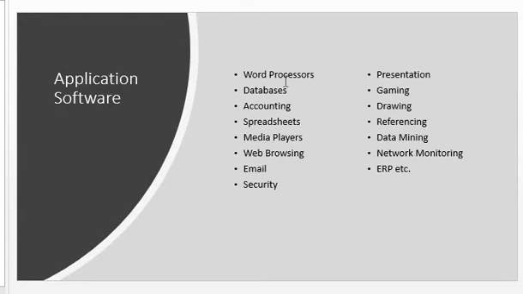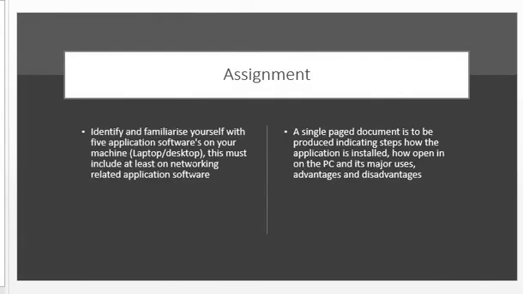Those are the kind of steps that I expect you to list in terms of accessing this application package. Each and every one of you, I expect you to have this summarized document containing these 5 applications that are on your PC, not on someone else's PC.